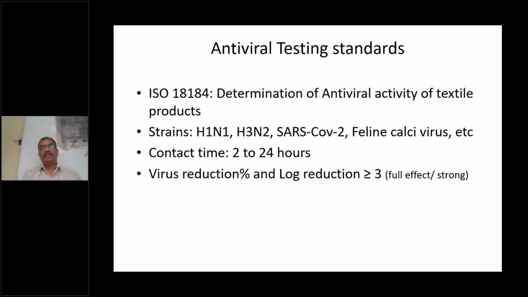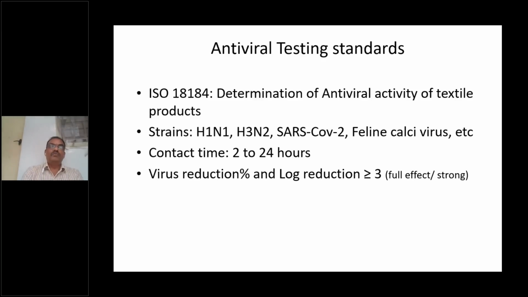But if the same fabric is tested for 2 hours contact time, and the colony count is done immediately after 2 hours, then it will show its reality. You would find that the antibacterial activity would be less than 3; the log reduction value would be less than 3. So whenever we analyze a report, this is important for a technical person: what is the contact time? Was it tested for 2 hours or 24 hours?